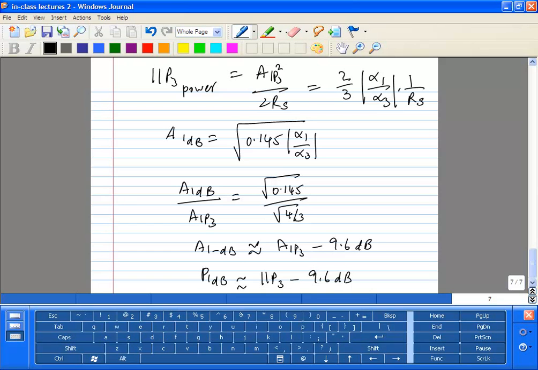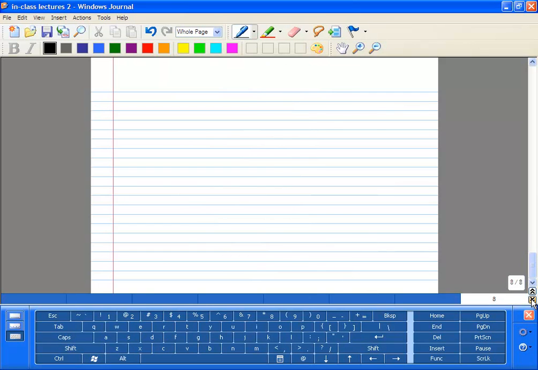Okay, so now let's see how you can measure IIP3. Let's see if we can actually measure it using a single tone. Let's say your input power is AN. So what is your output power at?